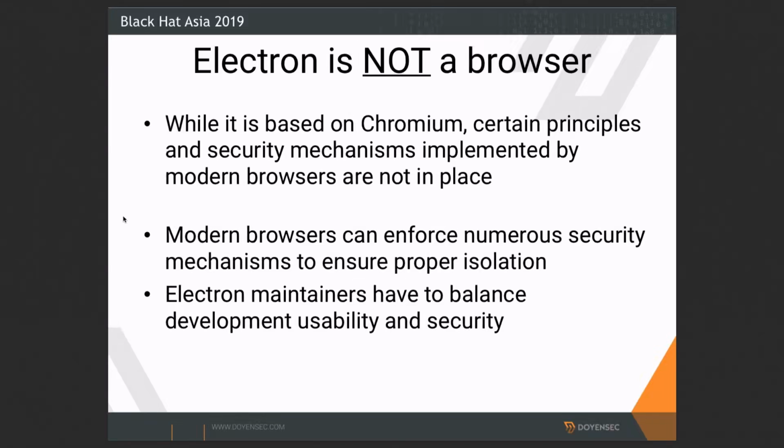And so Electron maintainers had to balance, and still have to balance, the usability for developers and the security. And so certain mechanisms that are available in the browser today, by choice or by the current design, are just not there in Electron.